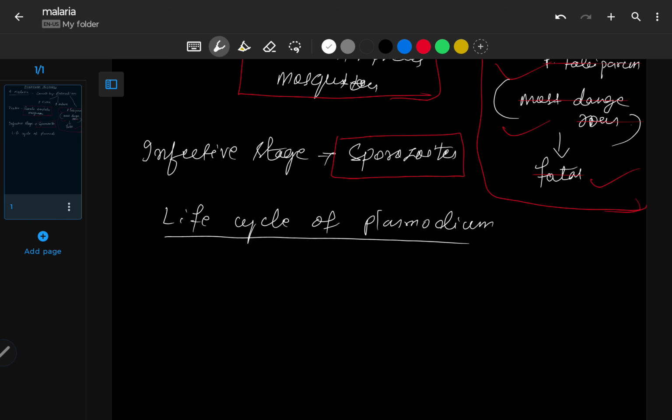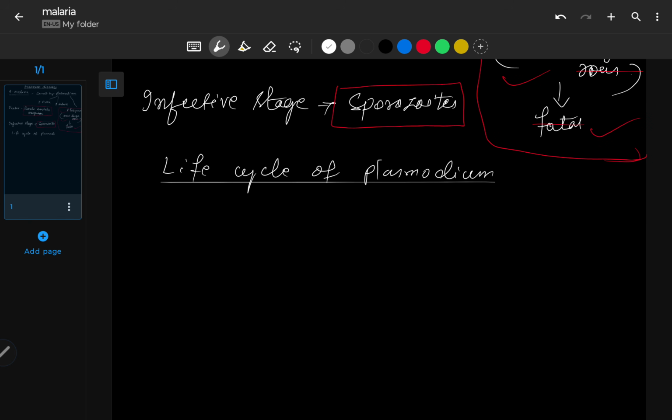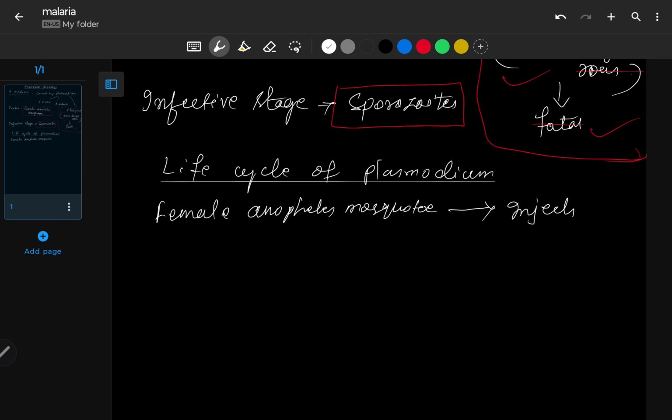So what happens? The female Anopheles mosquito, when it bites a human being, injects sporozoites.